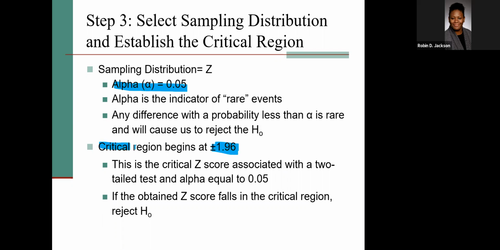Again, that's that critical region. All right, so we know that the alpha is 0.05. That lets us know that our critical region is going to begin at plus or minus 1.96, because remember, we're looking at both sides for this.